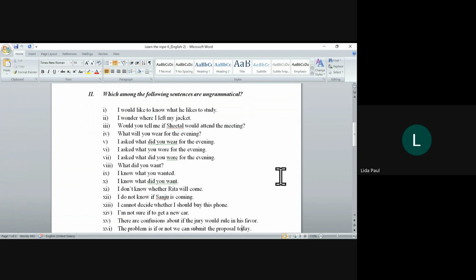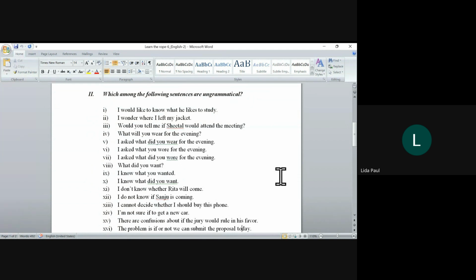The tense of the sentence is considered only based on the main verb. So we don't discuss the tense of the subordinate clause as much, because it doesn't matter.